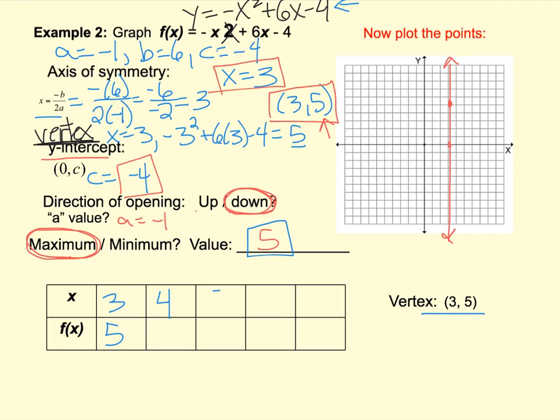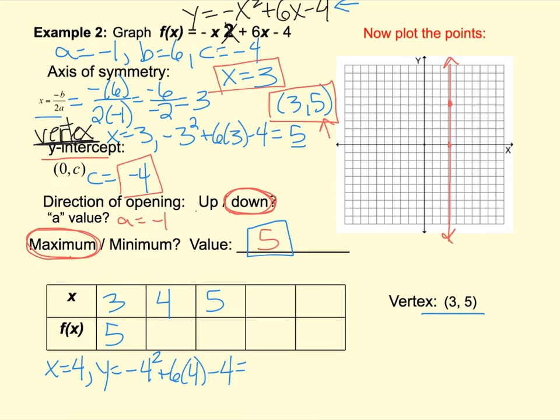And I want to do 2 points to the right of it. And I'm just choosing those. 3 is the x value of our vertex, so I choose 4 and 5. And then I find out what y equals when x equals 4. So when x equals 4, y is going to be negative 4 to the second power plus 6 times 4 minus 4.